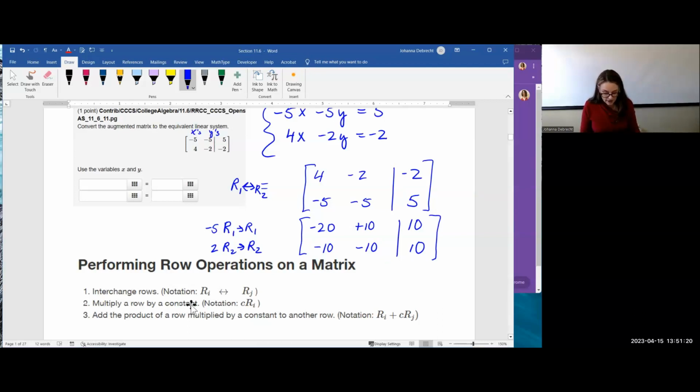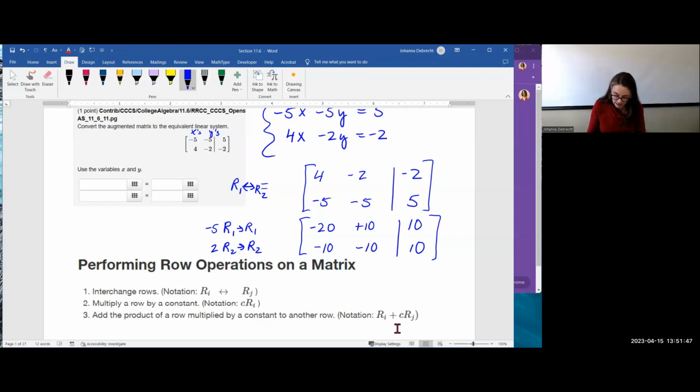All right. Now, the last thing we're allowed to do is add the product of a row multiplied by a constant to another row. I can multiply any row by any constant I want. In equations, if you multiply both sides by 2, it doesn't change the solution, right? So that previous step is not going to change the solution. This next step is the actual addition elimination method.